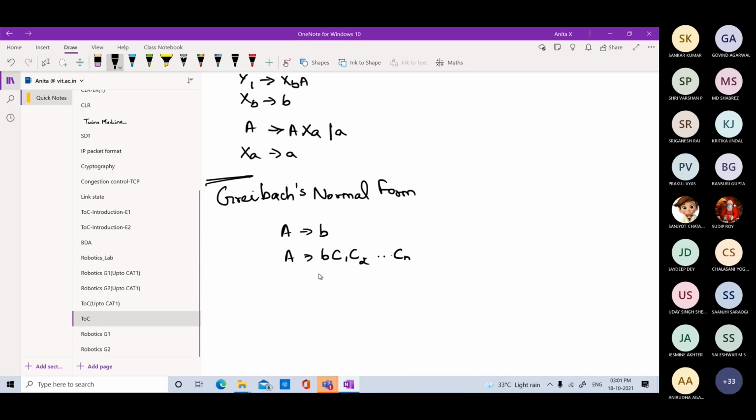Now we are going to start with an example. The first two steps are already discussed, so we are taking a grammar which is in CNF and converting it to Greibach normal form.